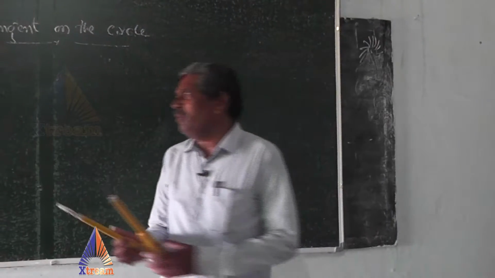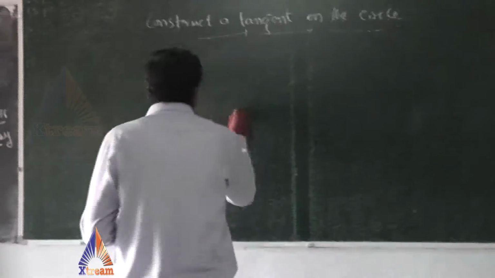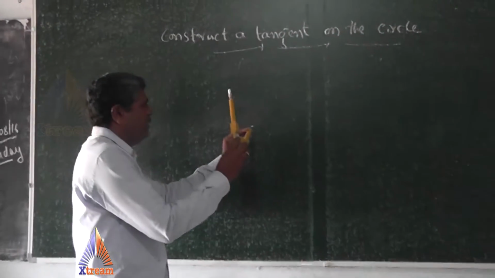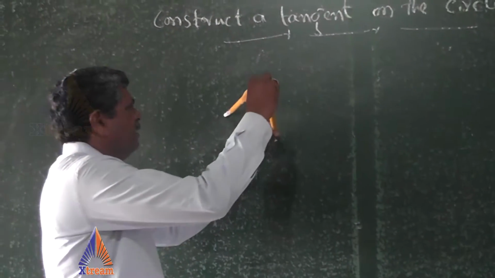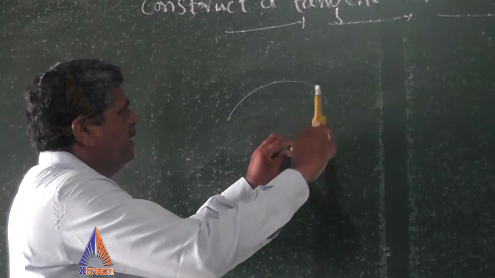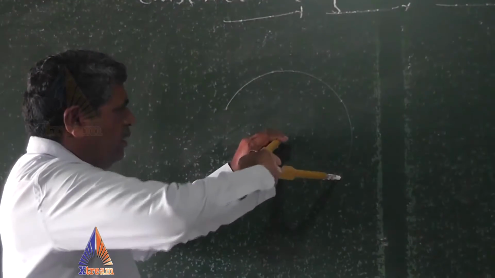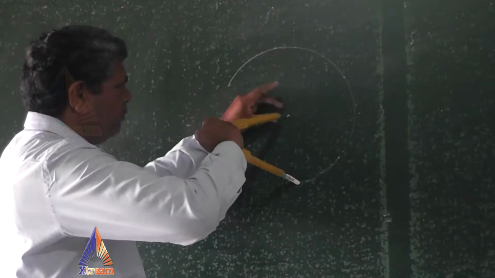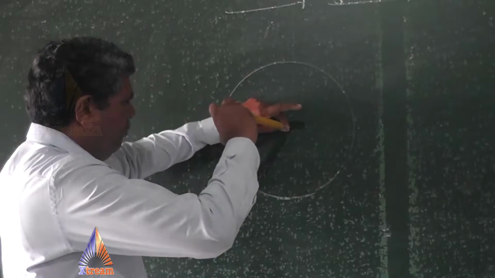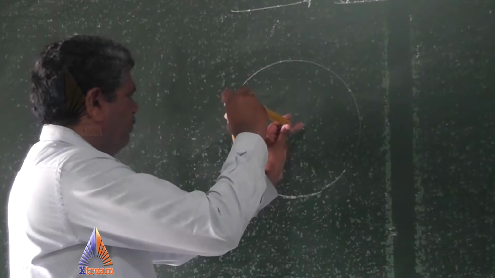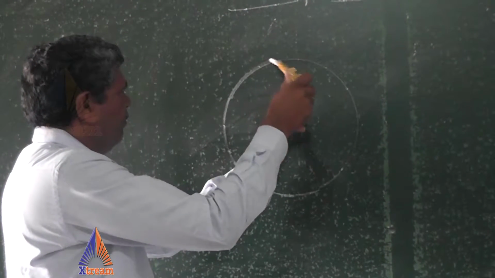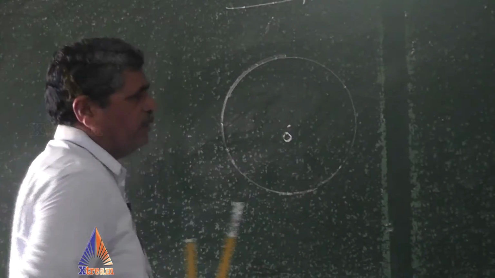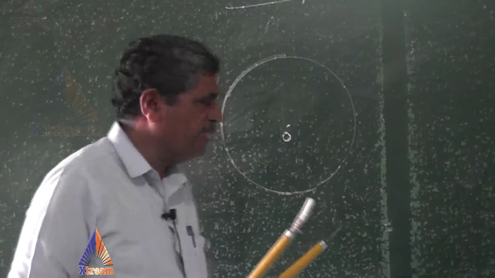Then mark a point on the board, on a plain paper. Then you can construct the circle. The more you practice, the easier it becomes. This is a circle with radius 5 centimeters.